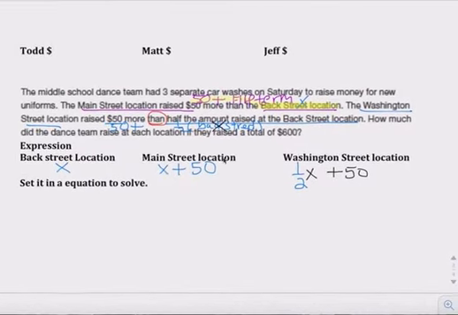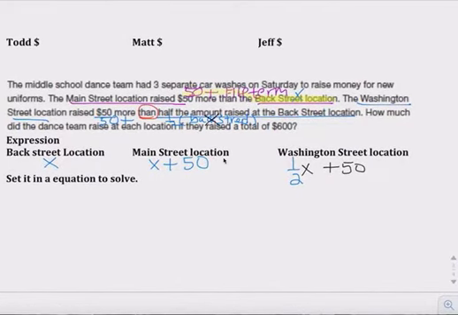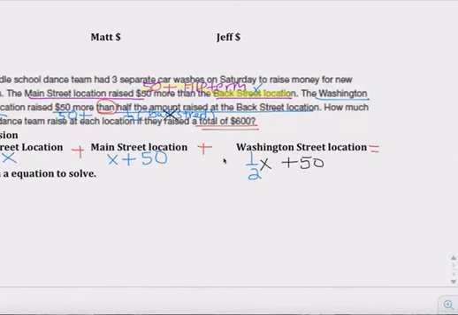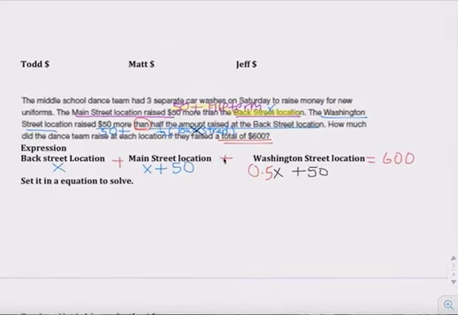How much did the dance team raise at each location if they raised a total of 600? So how much did each location raise? All of them together have to add up to $600. Now, if you don't want to use a half, you can turn that half into a fourth, I mean 0.5. That's fine with me too.